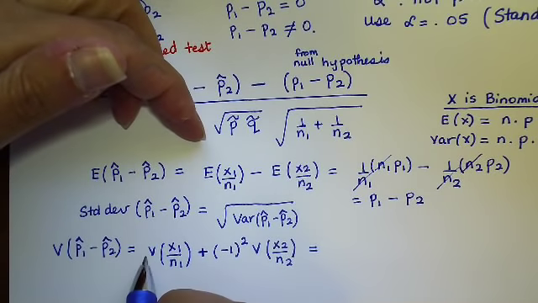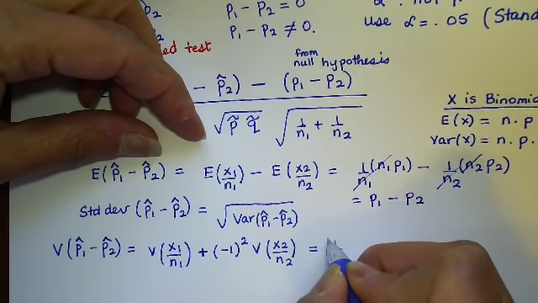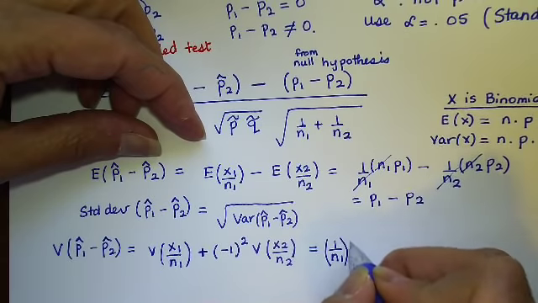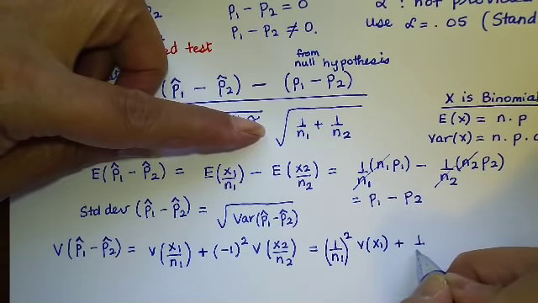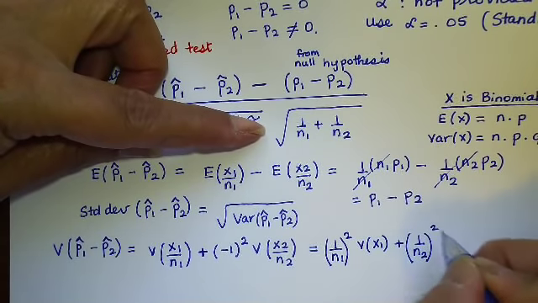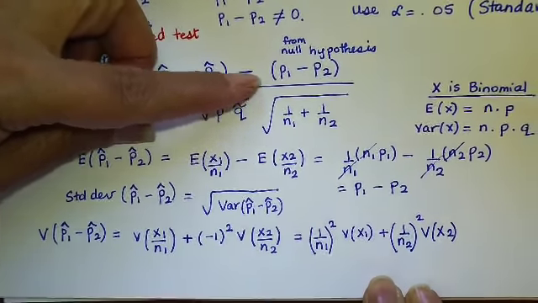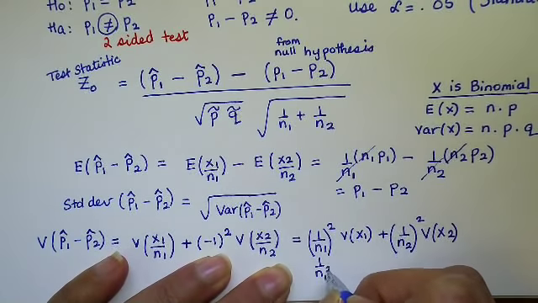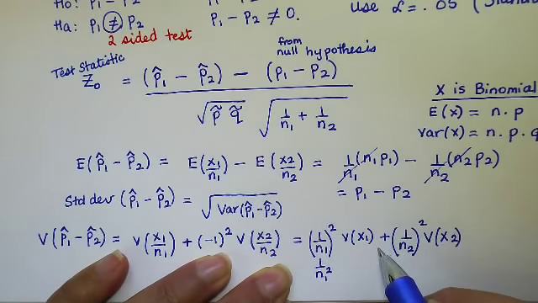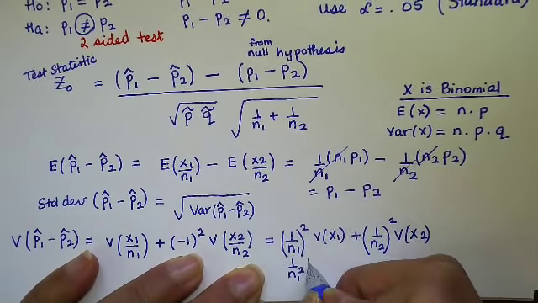Continue. So pull out this 1 over n1 constant, this coefficient, and square it because I'm interested in the variance of a constant times x. So here I get 1 over n1 squared, variance of x1, plus 1 over n2 squared, variance of x2. So 1 over n1 squared.